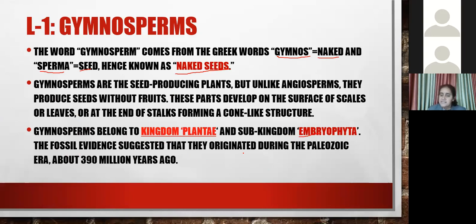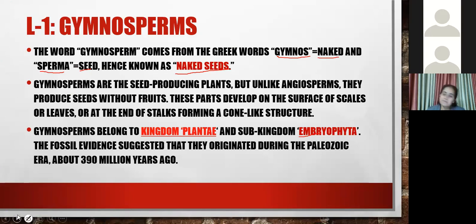Paleozoic era is the old era before Mesozoic. So they originated in Paleozoic but flourished in the Mesozoic, which we call the Triassic Jurassic period, in which large, tall, huge, giant reptiles, who were they? These giant reptiles, dinosaurs, were there.